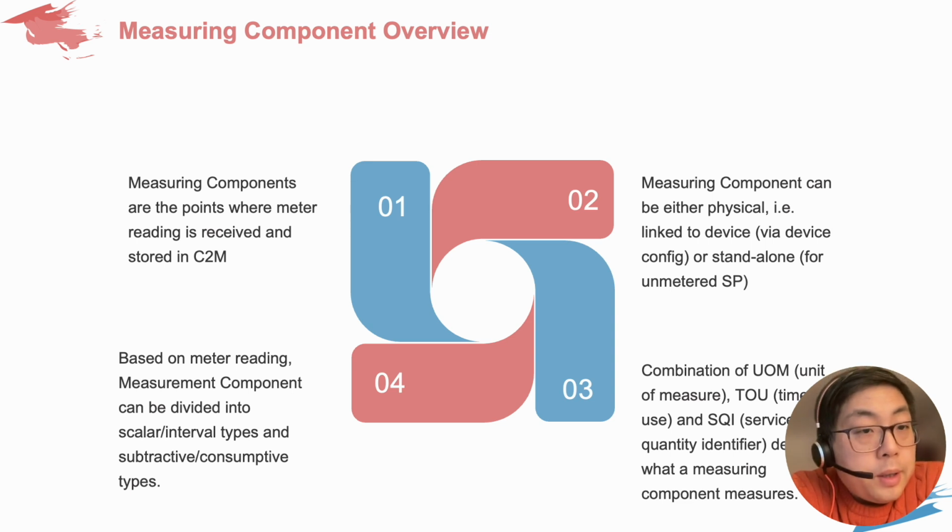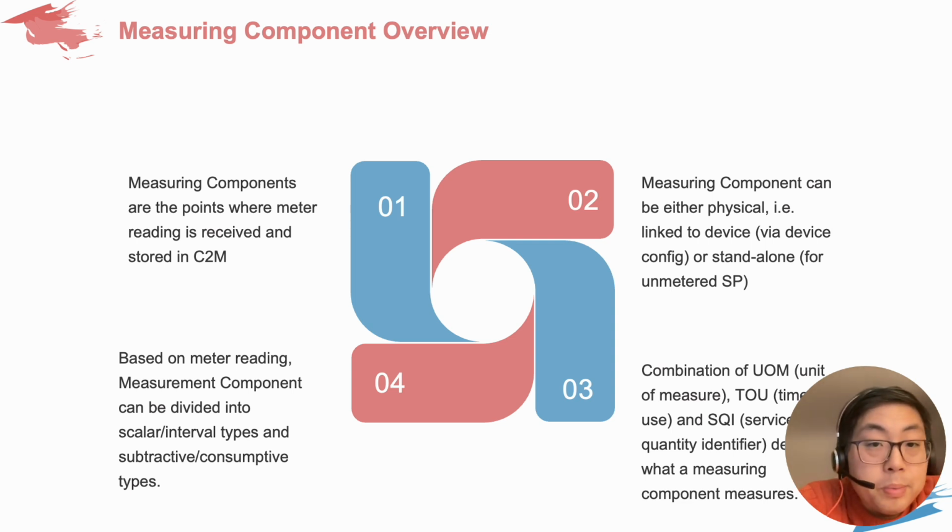Measuring components are the points where the meter read is received and stored. So when the meter read is stored against the register, that's the measuring component. A measuring component can be either physical, linked to a device if it's a metered service point, or it can be standalone for a metered service point.